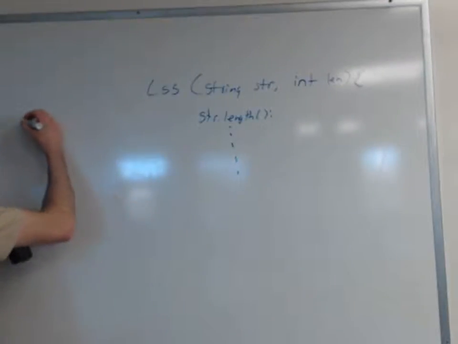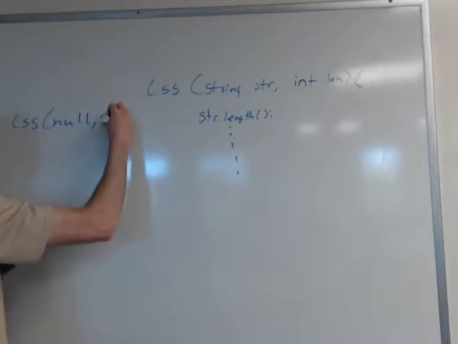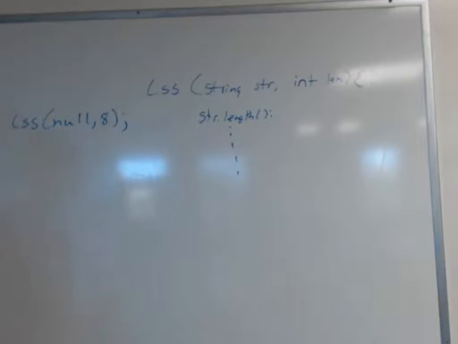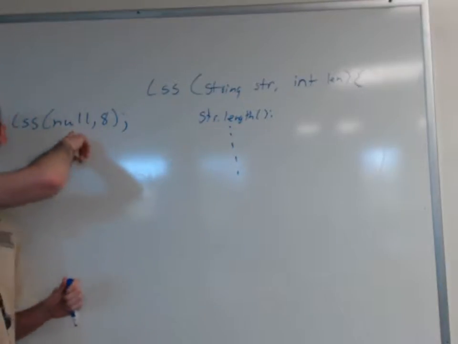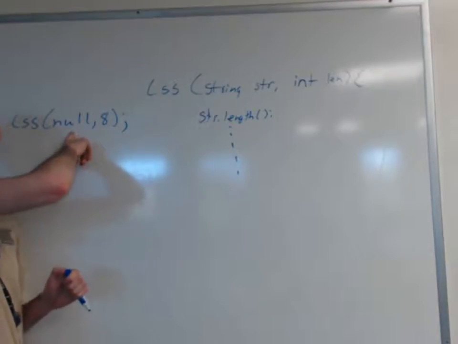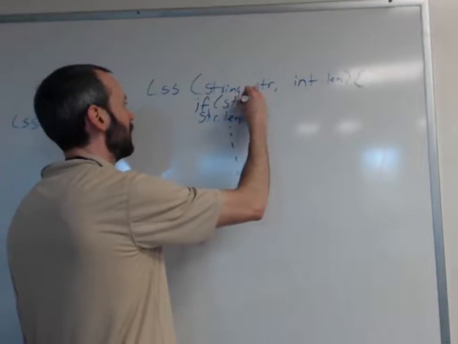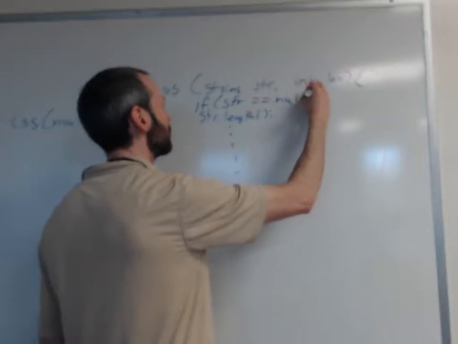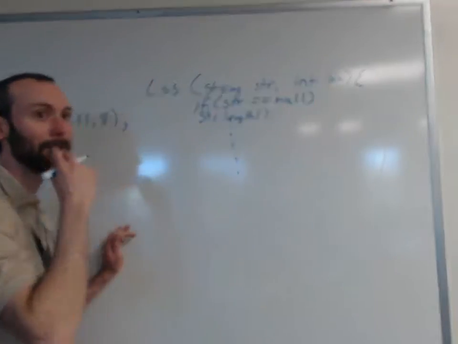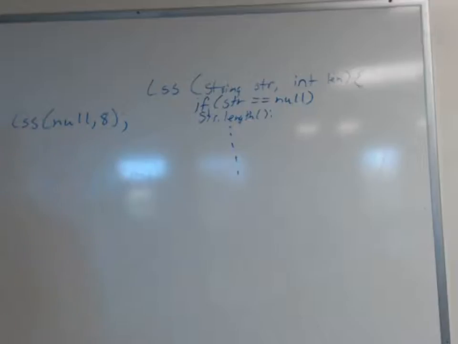But if you call it LSS passing in null, and we'll just say the value 8, what's going to happen? An error. What error is it going to be? A null error, right? Because if you try to call dot length on null, that doesn't make any sense. Null is empty, it's void. So you need to first check if str is equal to null, because if it's equal to null, then you just want to return null.